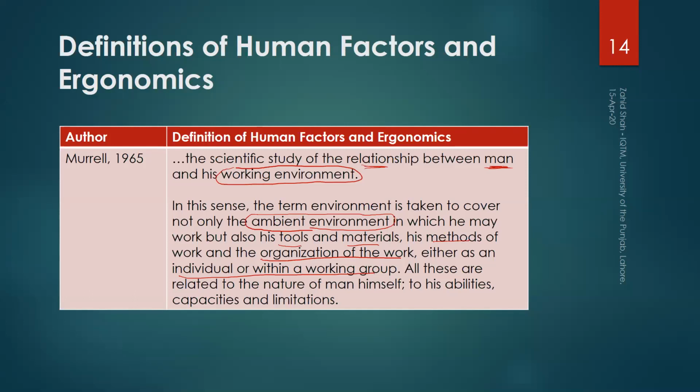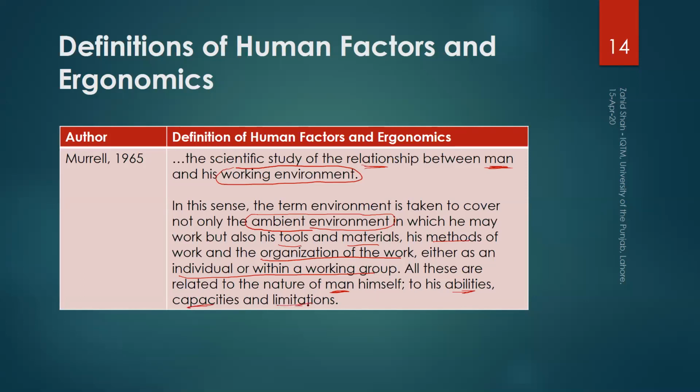Environment could be the ambient environment as well as everything the worker interacts with. So there could be tools, materials, methods, organization of the work, and the impact of these things also depends upon the nature of the person, his abilities, capacities, and limitations.